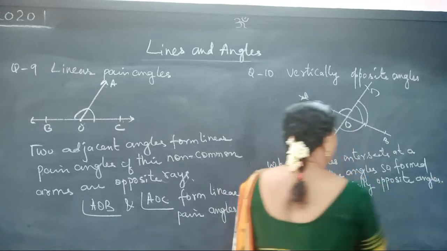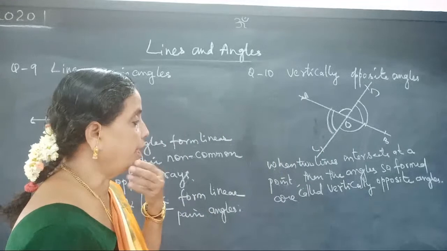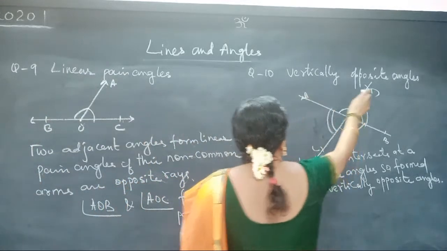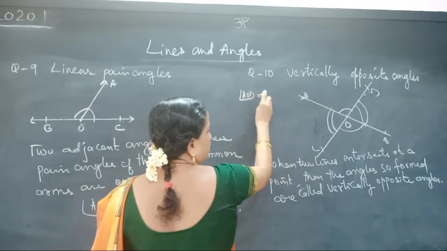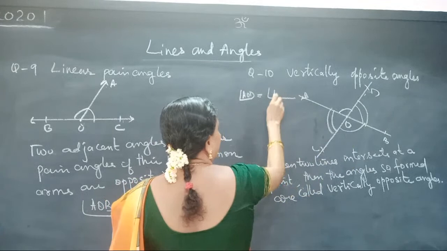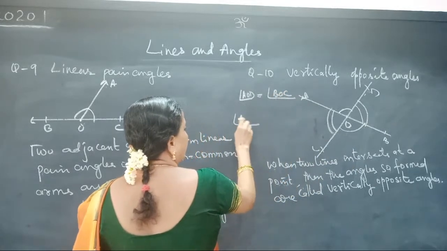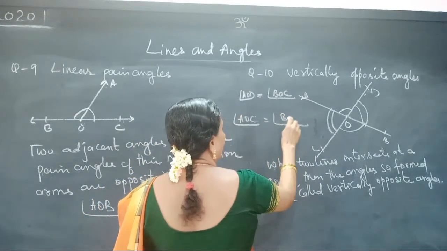Vertically opposite angles are equal. Which are vertically opposite angles here? Angle AOD equals angle BOC. Another pair, angle AOC equals angle BOD.